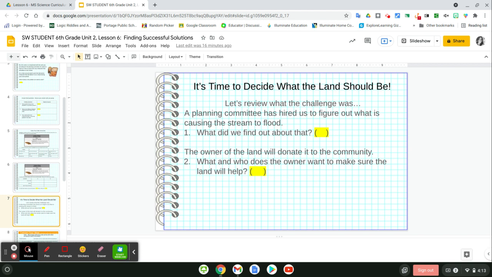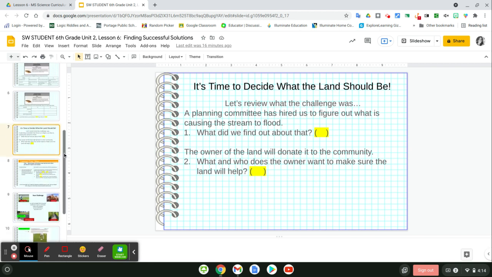When we change the land and decide what the land should be, what should that benefit and who should it benefit? The landowner will say, yep, I'll give the land to the community because you have created a solution that will benefit the environment. And who will it also benefit?